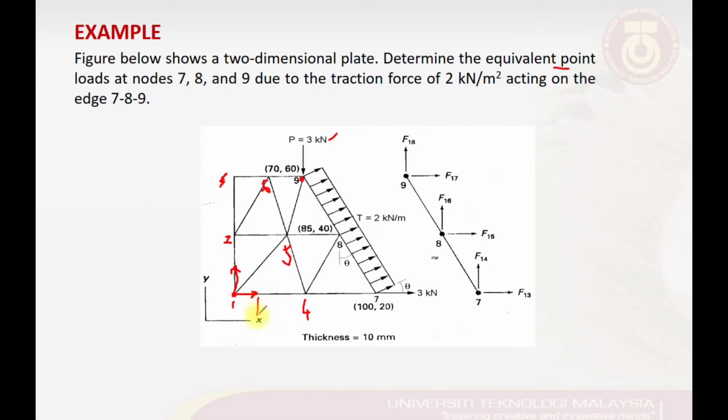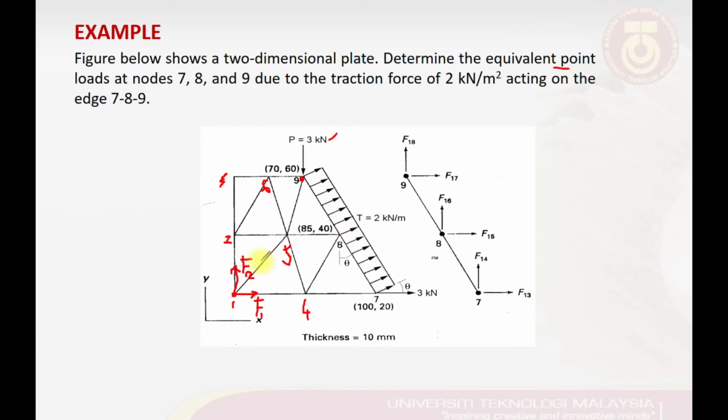So the force can be written as F1 and F2 at node number 1, but at this point here there's no applied load, so F1 and F2 are equal to 0. The most important part in our structure is the edge 7, 8, 9, where we have the two types of load applied on these edges and on this nodal point.